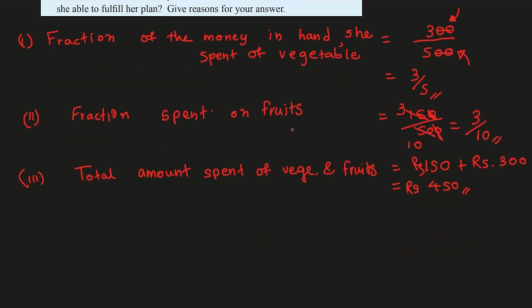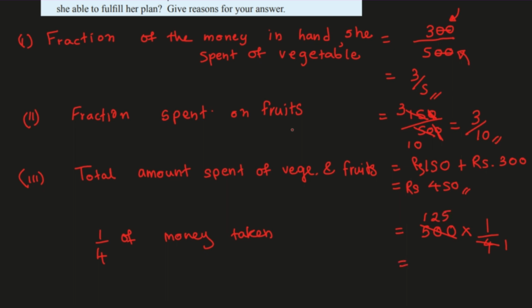So let's find one fourth of the money taken. The total amount that she took to the market is 500. So let's find one fourth of 500. 4 can be divided by 4, it's 1, and 500 divided by 4, the answer will be 125.